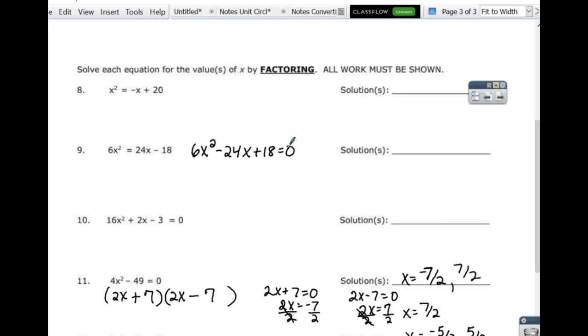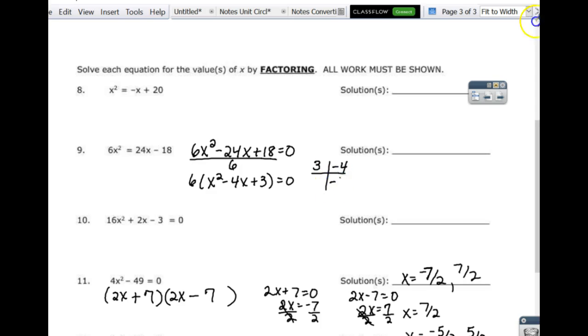And next, do they have a common factor? What would it be? So that means I'm going to divide by 6. So when I make my t-chart, after I take the 6 out, so I have 3 and -4. And 3 only has 2 factors, which is 1 and 3.